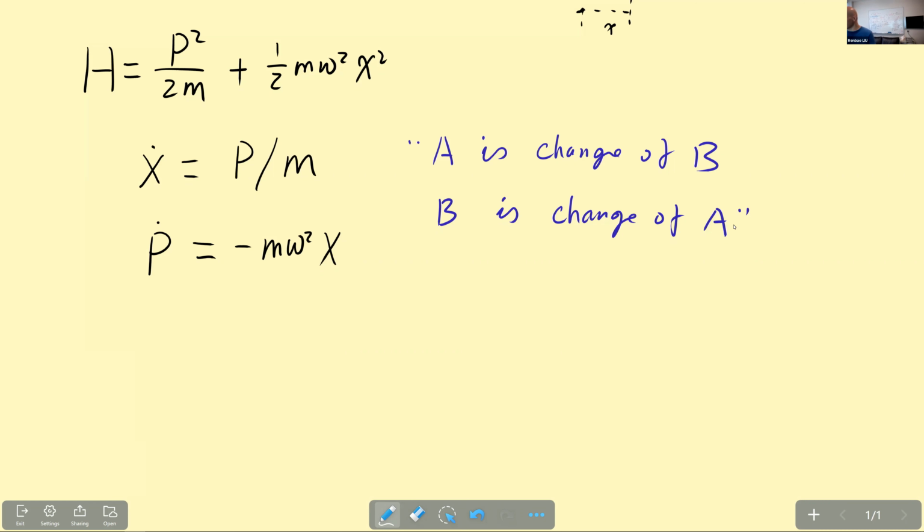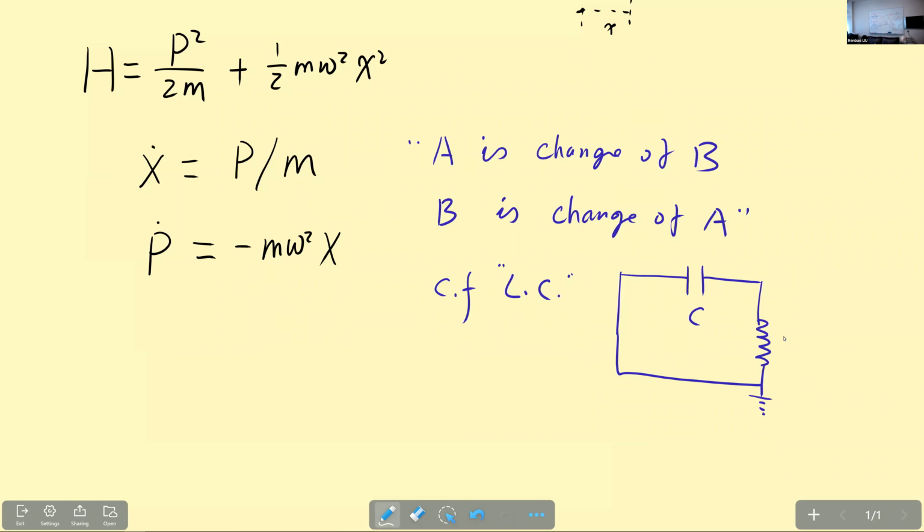This is also similar to LC circuits. For example, if you have a capacitor and an inductor, you have the capacitance, the inductance, the charge, and the current.